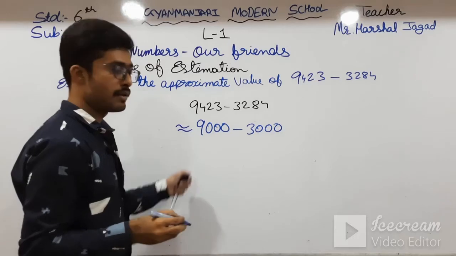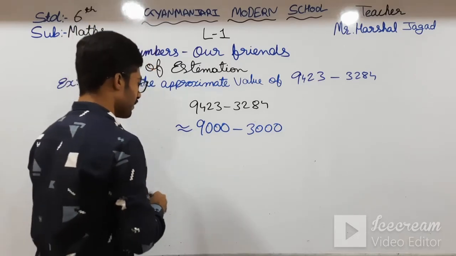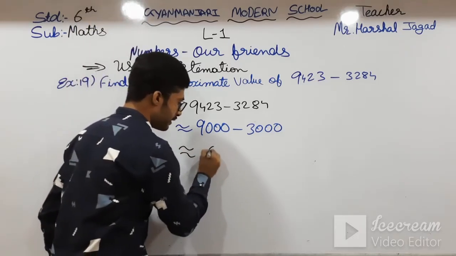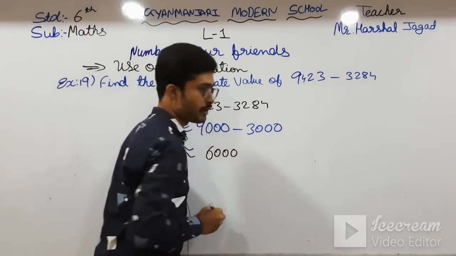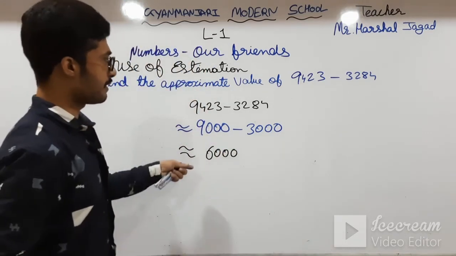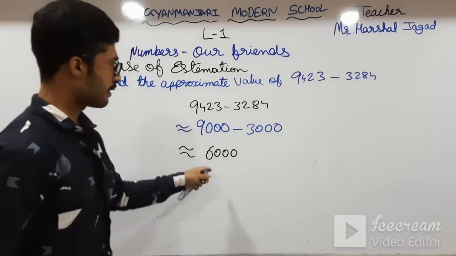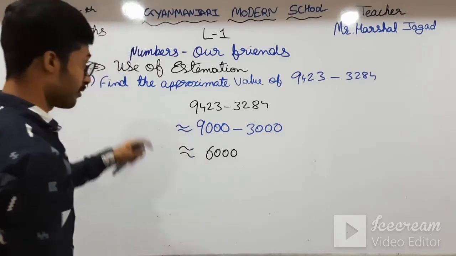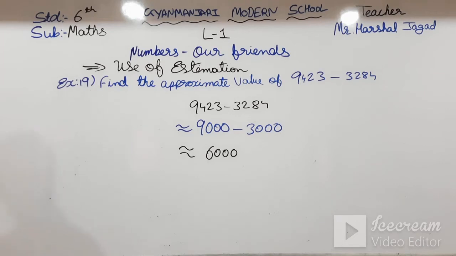Okay students, what will be the answer? The approximate answer is 6,000. Okay students, please note down example number 19. Then we will go to example 20.